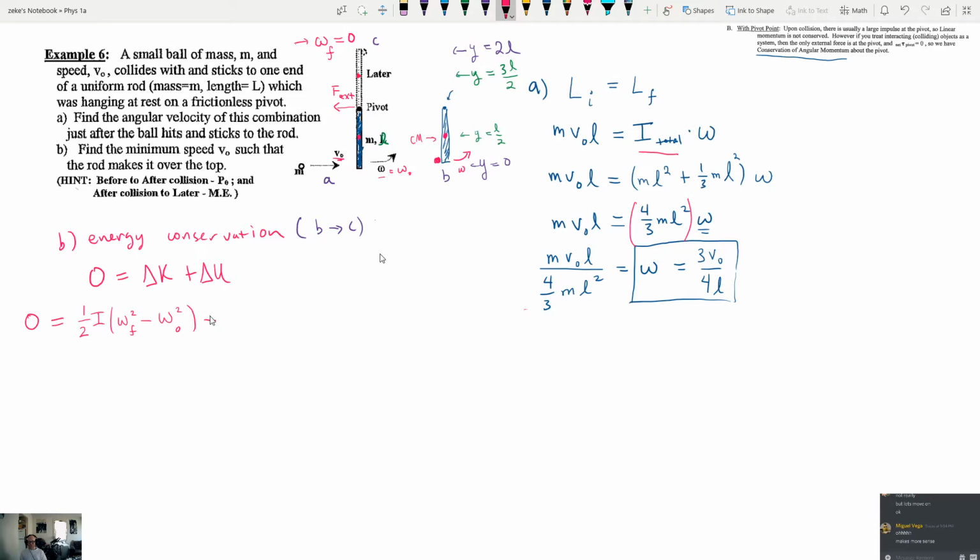For the change in potential energy, because there's two different objects here, we can write out two separate terms for change in potential energy. One of them for the ball, plus another one for the rod.